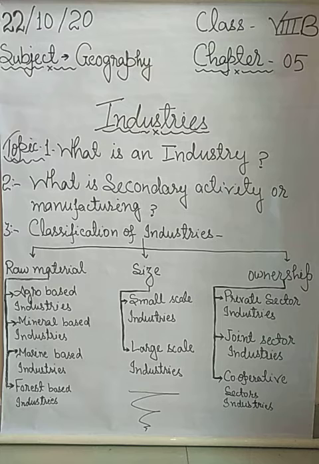But in secondary activity you are changing those raw materials into finished products or more valuable items, and whatever processes are used by workers in the industries to make another important product are known as the stages of manufacturing.